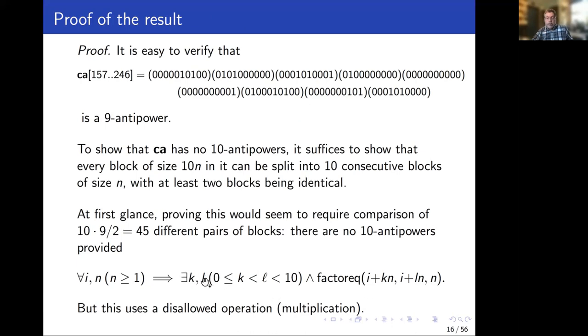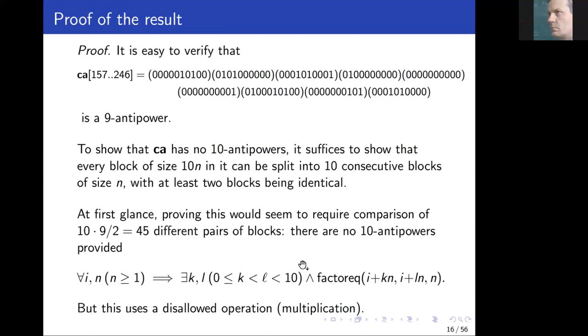If there always exist such k and l, then there would be no 10 antipowers. But the problem is that although this is a first order statement, it uses an unallowed operation, which is multiplication by an integer.